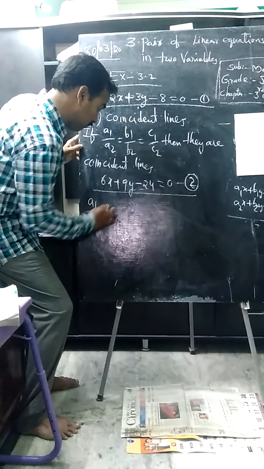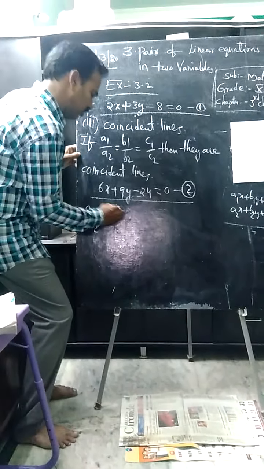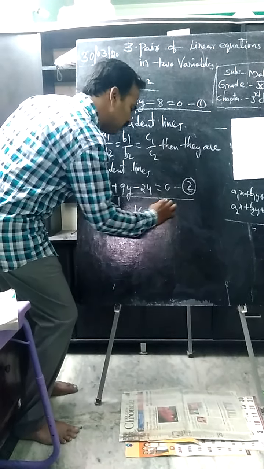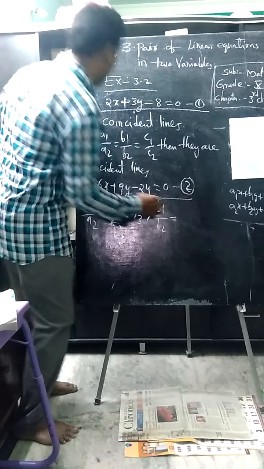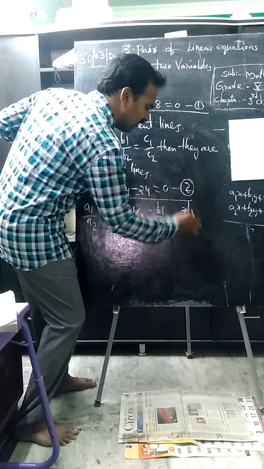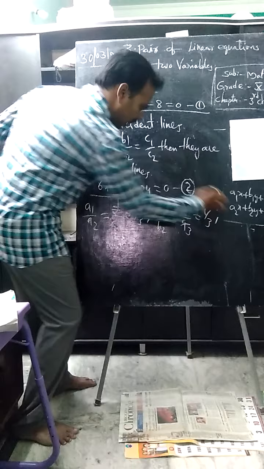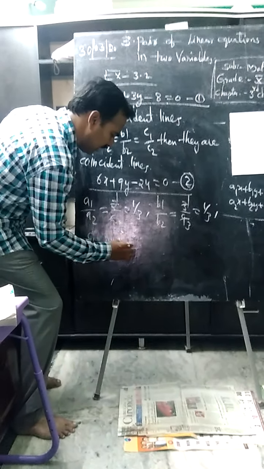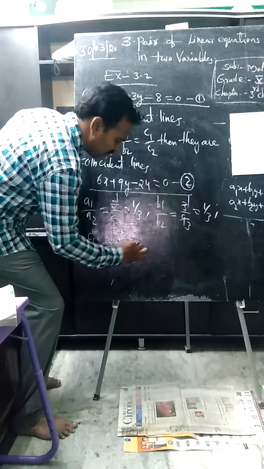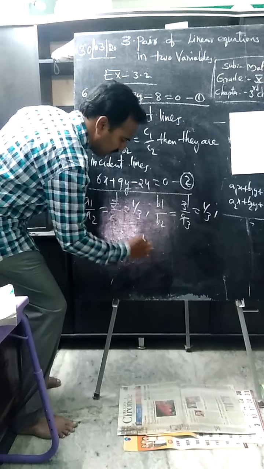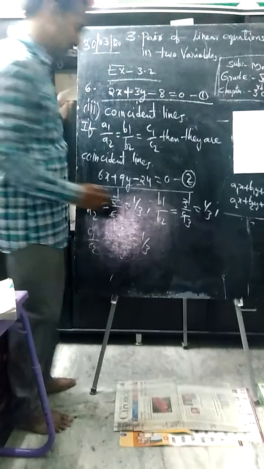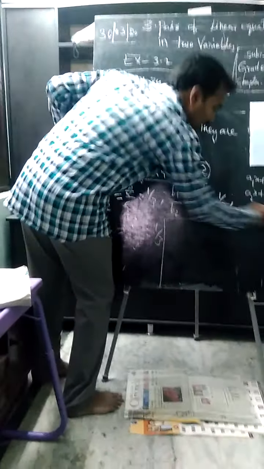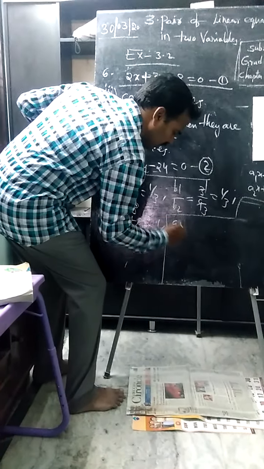We got the conditions. a1 by a2, but don't forget to write the lowest form, students: 2 by 6, lowest form 1 by 3. Now b1 by b2: 3 by 9, which is 1 by 3. Last, c1 by c2: minus 8 by minus 24, which is 1 by 3. What do we observe? a1 by a2 equals b1 by b2, and c1 by c2 is also equal.